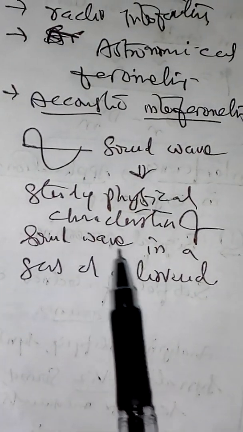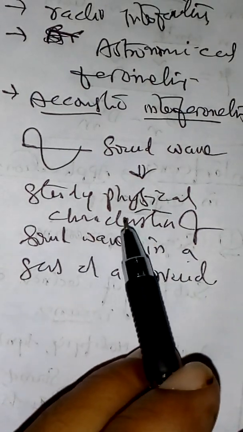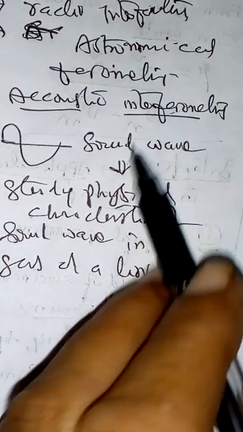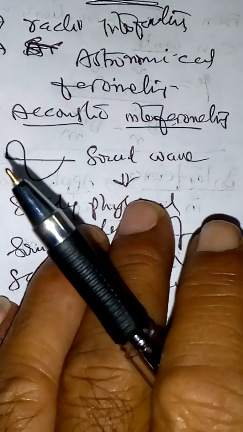So when a sound wave is propagating in a gas or a liquid, if you want to study its physical characteristics, you can go for acoustic interferometry, where the principle of interference is applied.